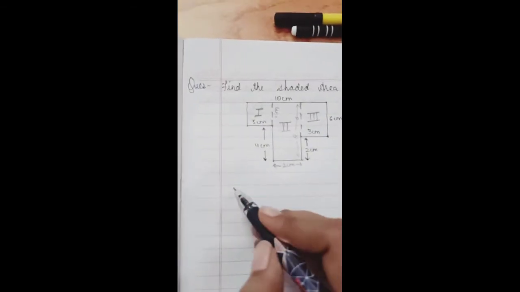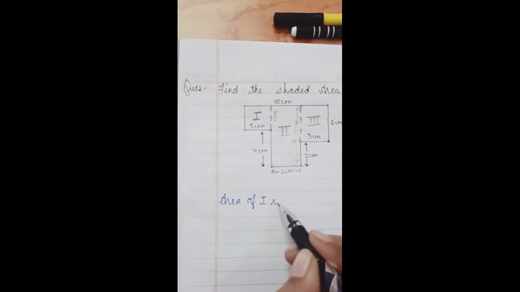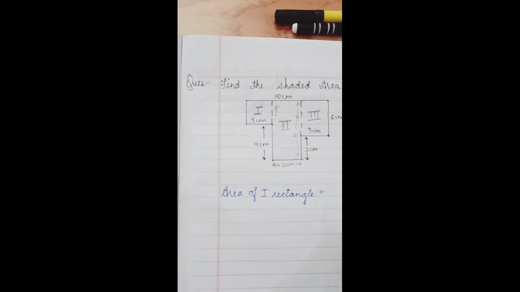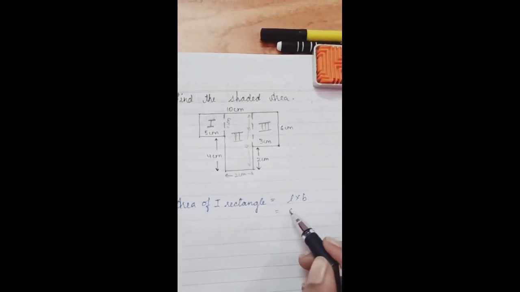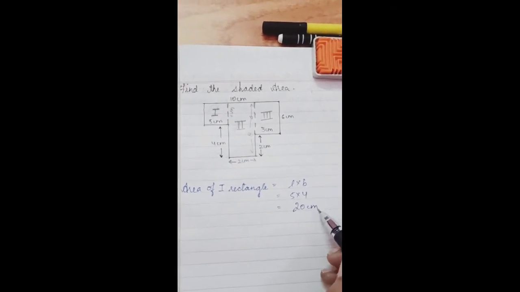Now we find the area of the first rectangle. Area of first rectangle is equal to length into breadth, means 5 into 4. That means 20 centimeter square.